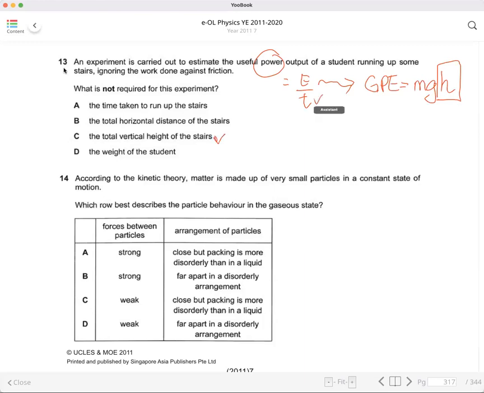The time you also need. mg is the same as weight, which is the weight of the student. So the only thing you don't need is the horizontal distance of the stairs. Okay, question 13, are you all clear? Okay, do question 14 now.